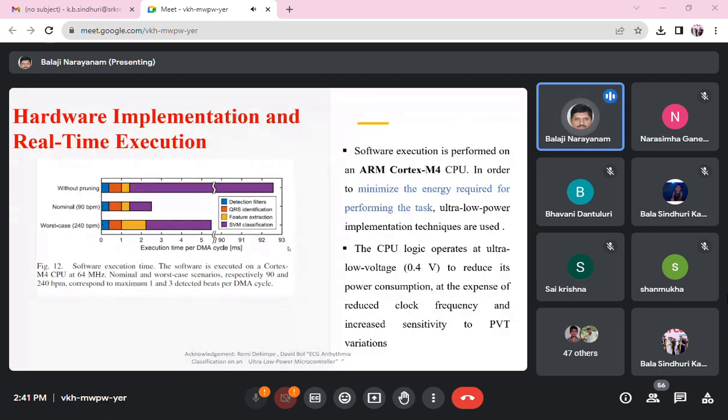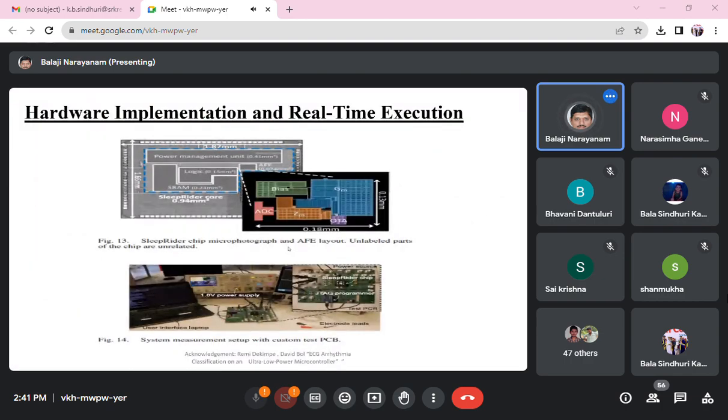The software execution is performed on an ARM Cortex CPU in order to minimize the energy required for performing the task. Ultra low power implementation techniques will be used, and the CPU logic operates at an ultra low voltage of 0.54 volt to reduce its power consumption at the expense of reduced clock frequency and increased sensitivity to various PVT variations.